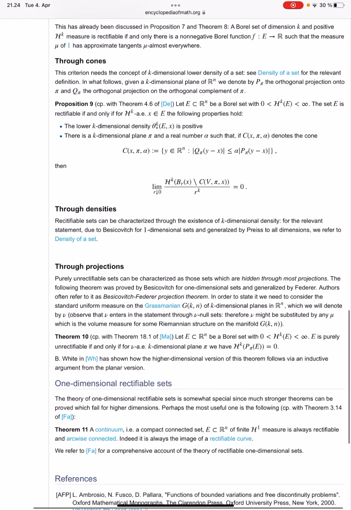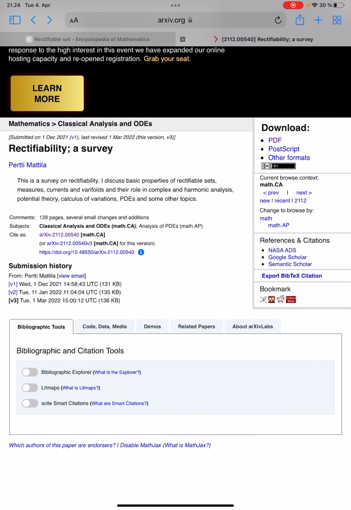Okay, a more professional place to look up is this survey from Mattila himself from last year, where he gives a survey of developments in the study of rectifiable sets.